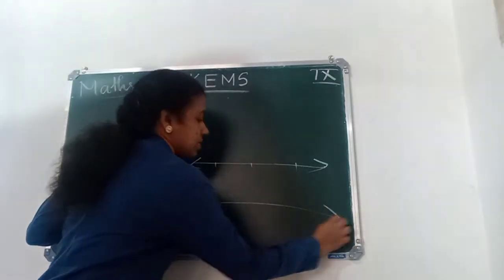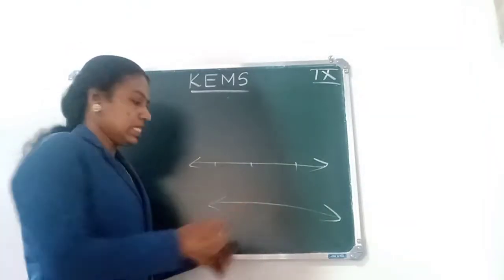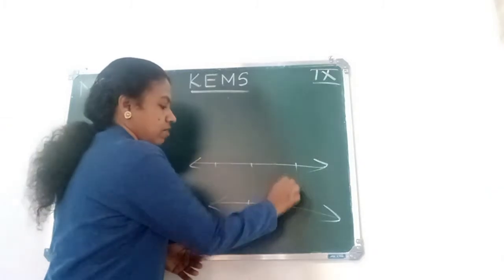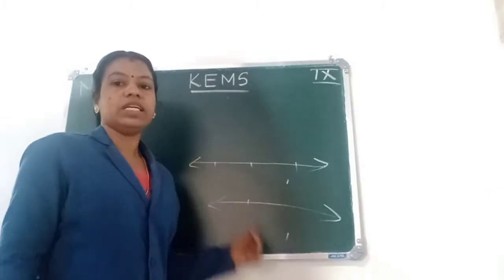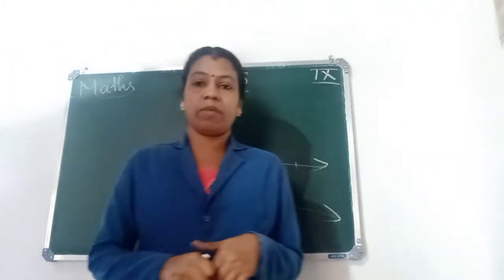If the points do not lie on the same line, one point is here, one is here, one is here, then these points are called non-collinear points.